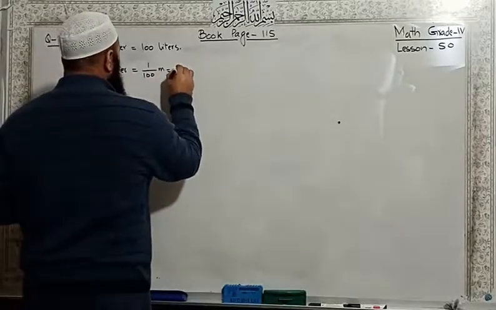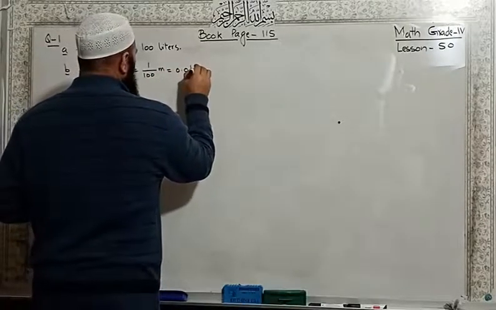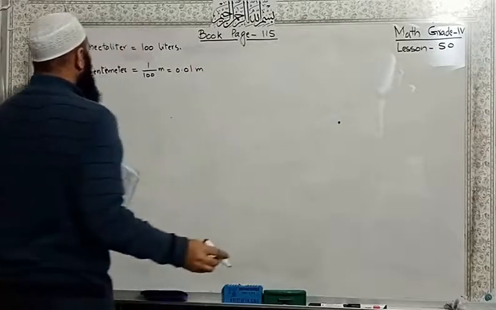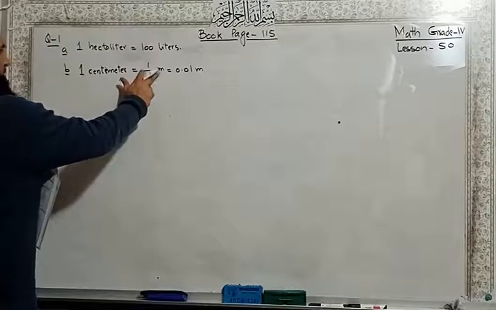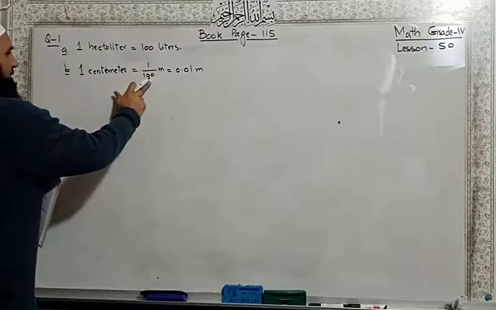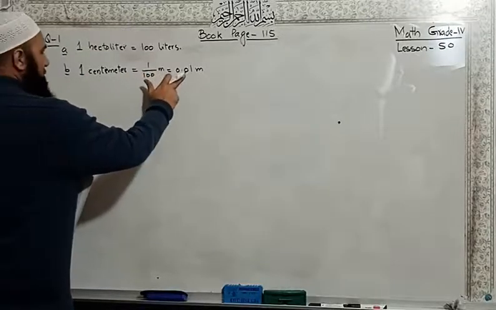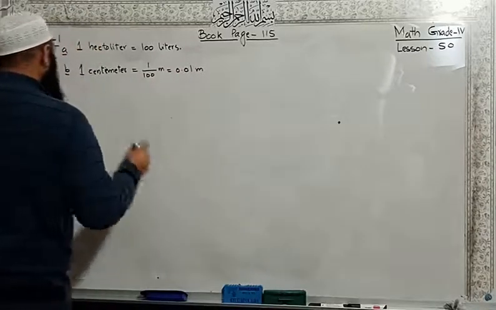This will become 0.01 meter. So 1 centimeter is the 100th part of a meter, equal to 0.01 meter.